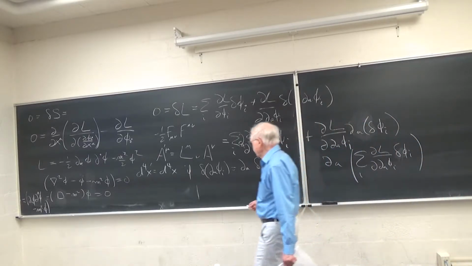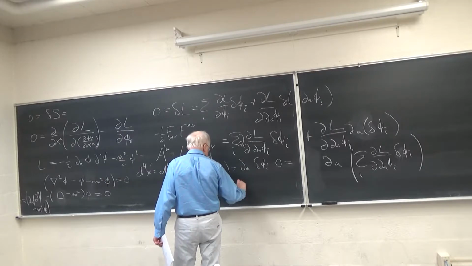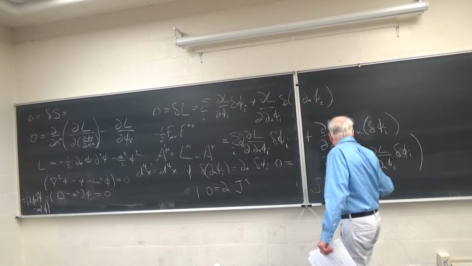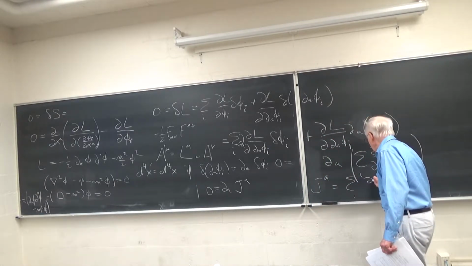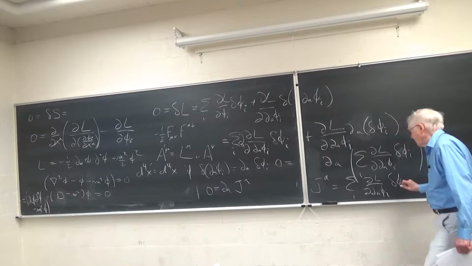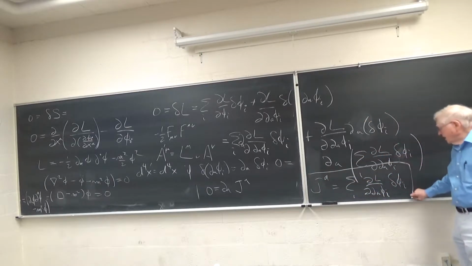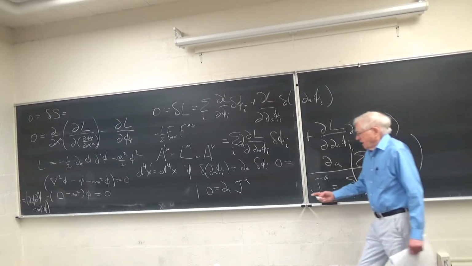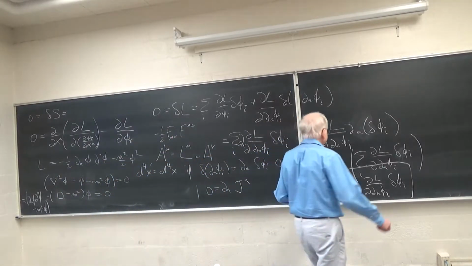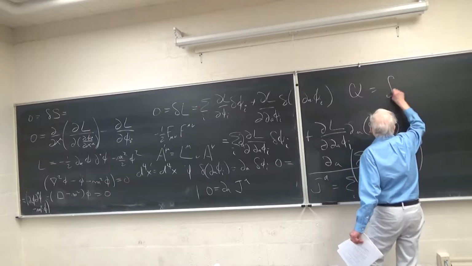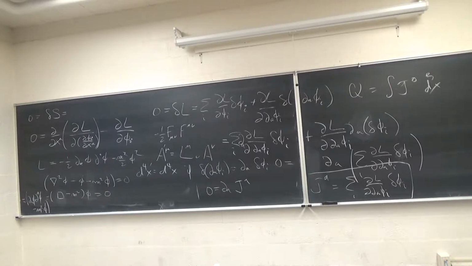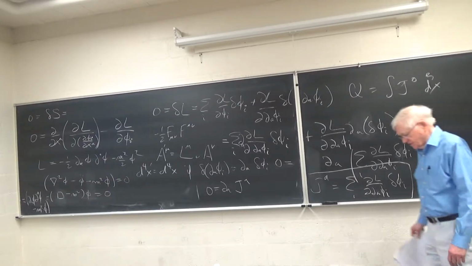So this is a conserved current equation. 0 is d_A J^A, where J^A is this thing, namely sum on I, partial L, partial d_A phi I, times the change in phi I. So this is a conserved current then, and consequently the charge, which is an integral of J^0 d cubed x, is conserved, at least the charge over all space.